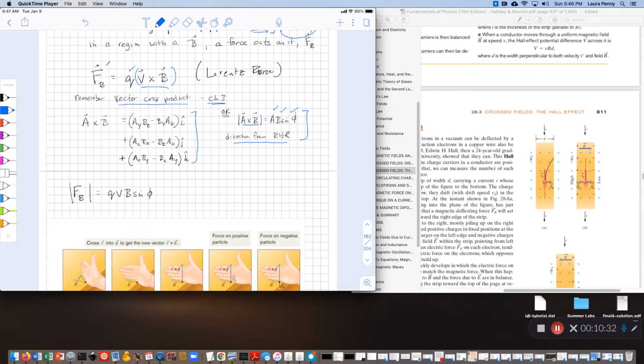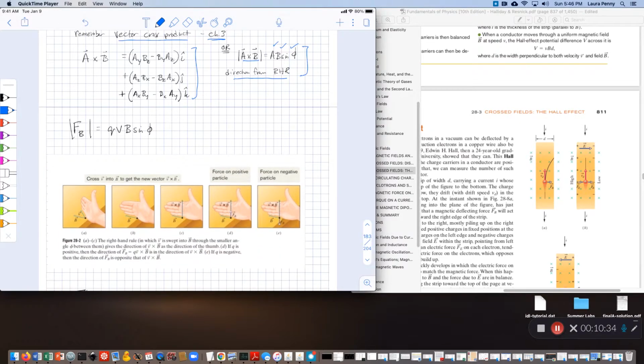Looking at this second way, the magnitude of our force is going to be, and these should have absolute values around them, let me rewrite this.